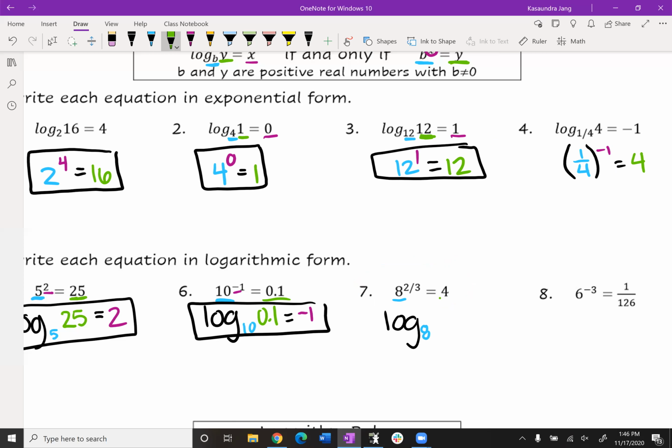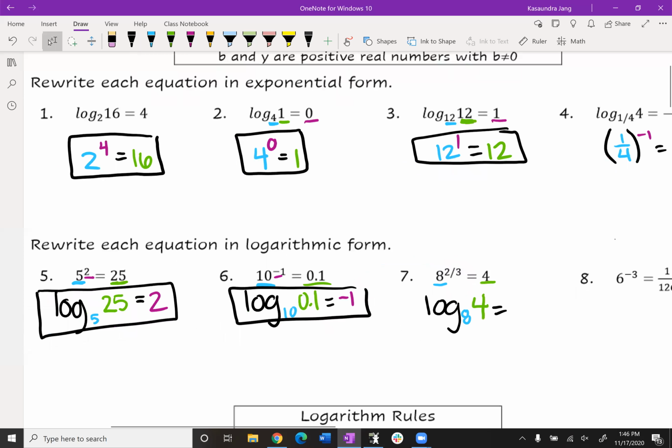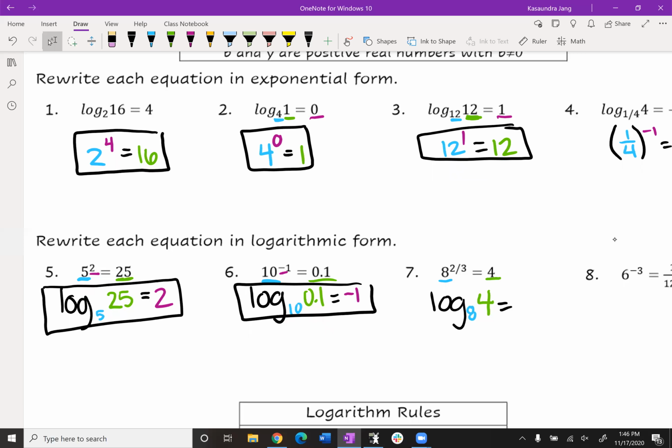Totally, 4, very good. And what should this equal? Two-thirds, totally. Every time, it'll equal the exponent. So this was an exponent of 2/3, very good.